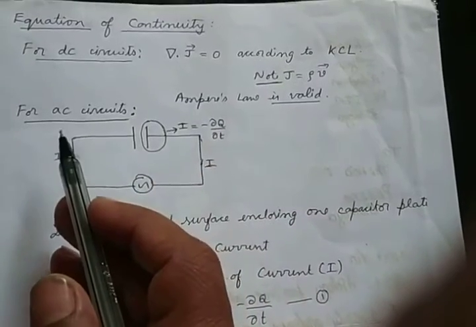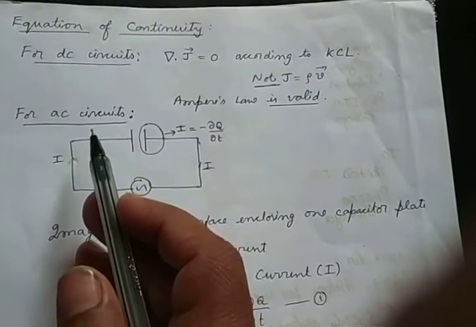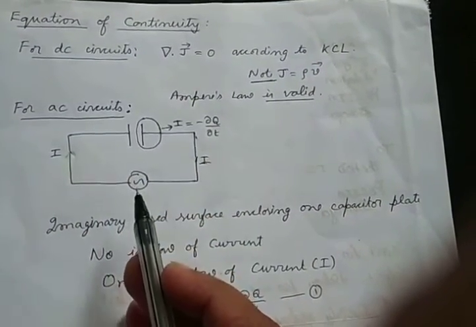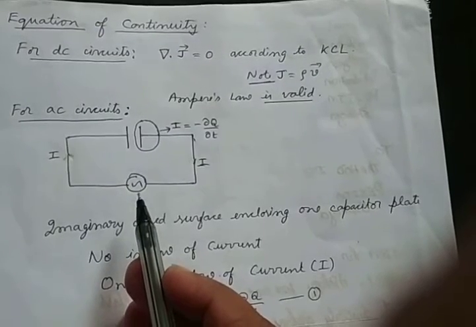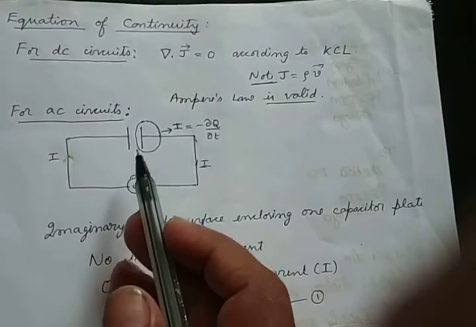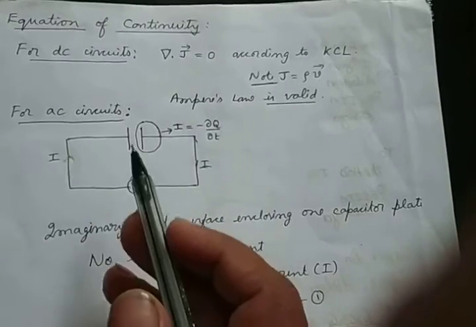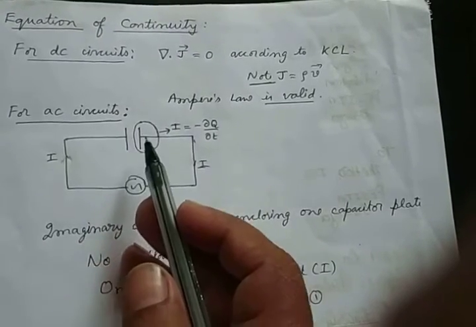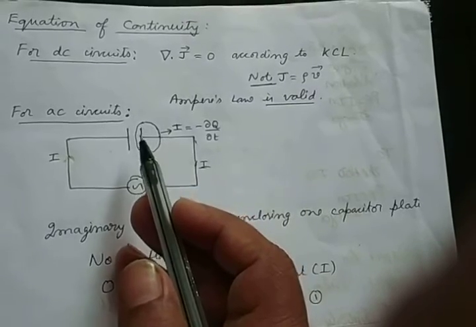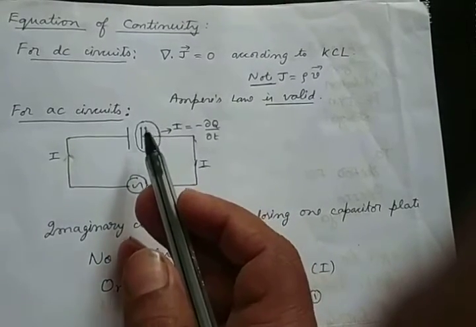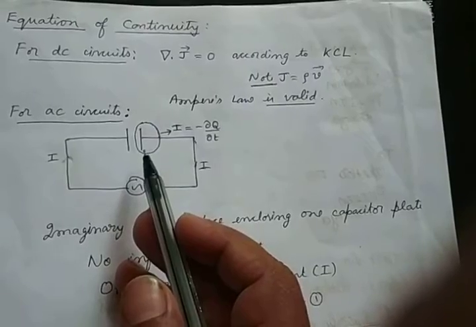Now let us consider AC circuits. In an AC circuit, we have a power supply, an oscillator and a capacitor component. There is a flow of current, say I. Now in the capacitor, I consider an imaginary closed surface around one of the plates.